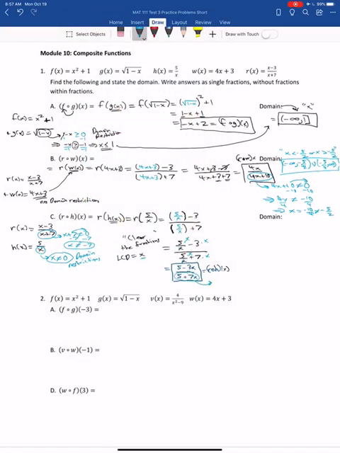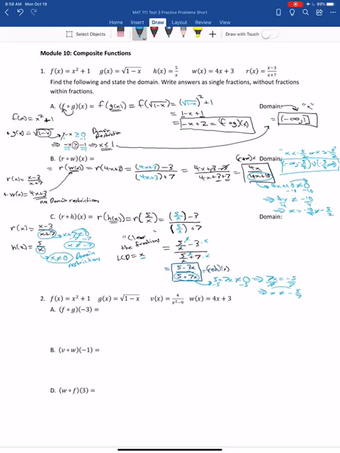So go ahead to the side here and we'll find out its domain restriction. So let's take that denominator. And as we solve that for x, subtract the 5 on both sides, we get 7x equal to negative 5. Divide out our 7. x cannot equal negative 5 sevenths. If we were to plug negative 5 sevenths into the denominator, it would become 0.